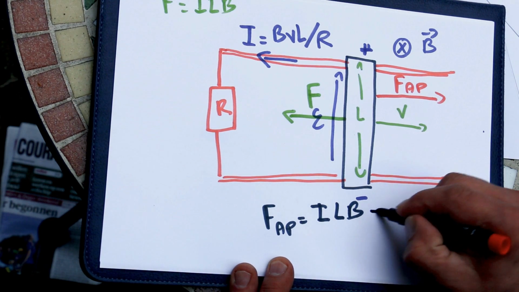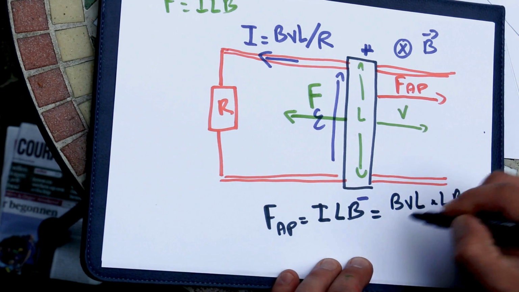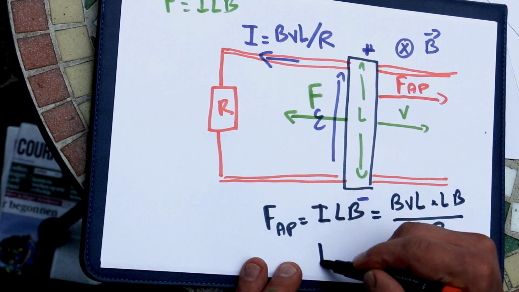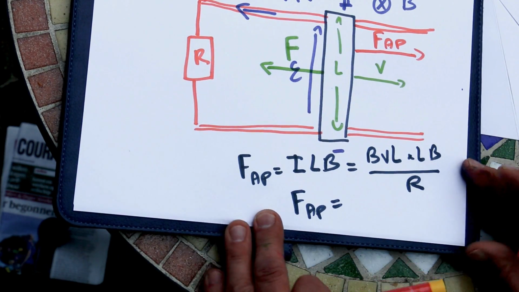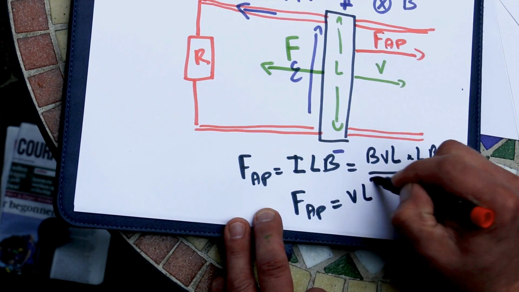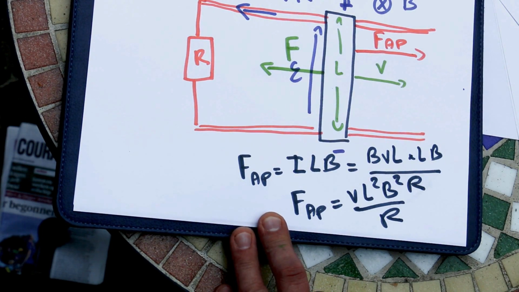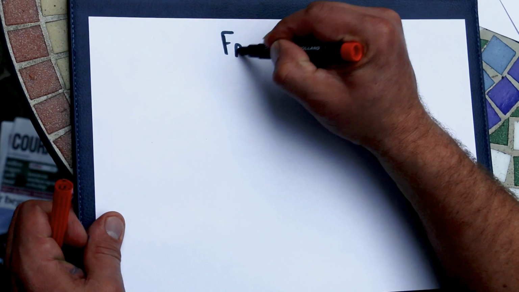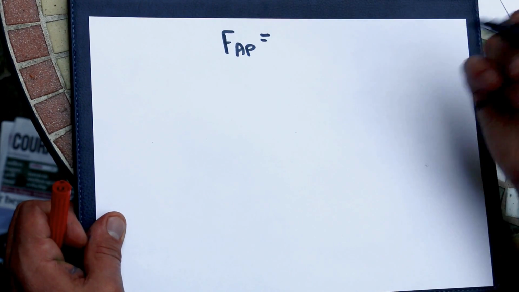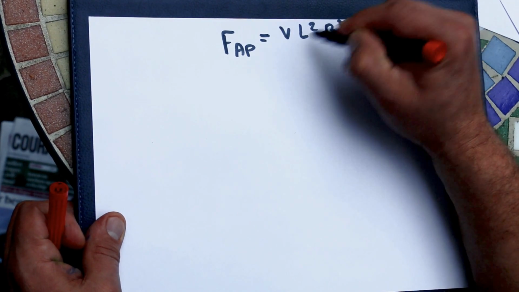It's BVL on R. So I can write BVL by LB divided by R. So the force I have to apply will be equal to, I need to move this a little bit, V L squared B squared on R. So let's develop that. The force applied on the system to keep it going at a constant speed is V L squared B squared on R.